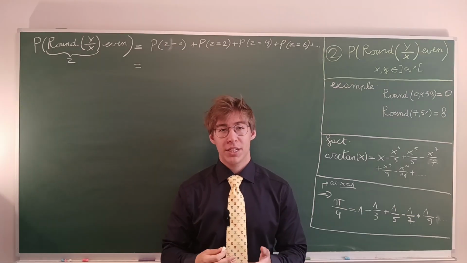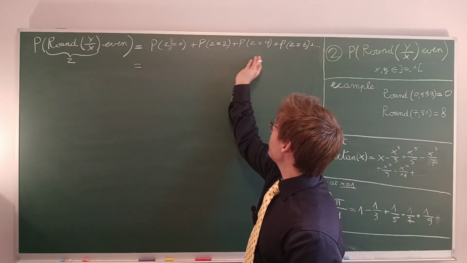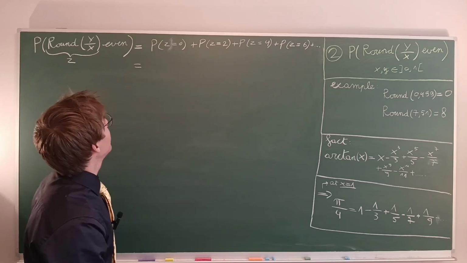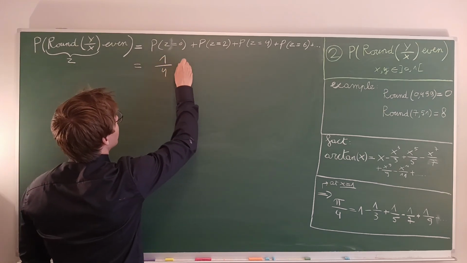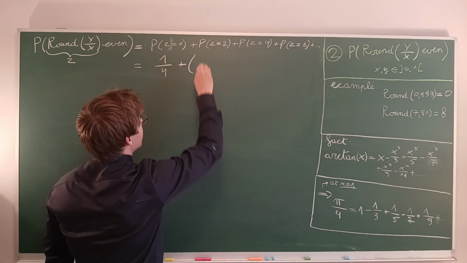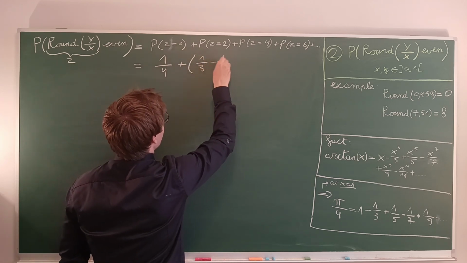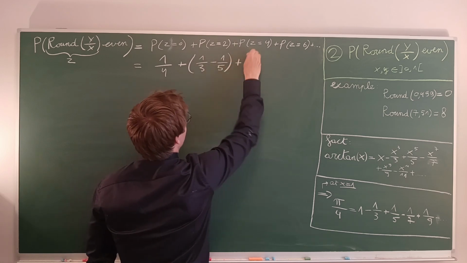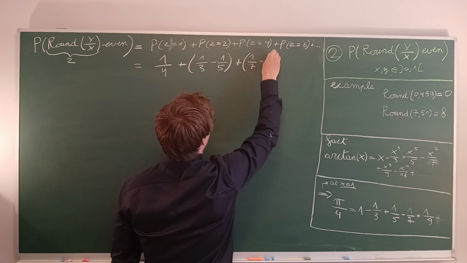So what we have established is that we can write this probability as a sum of all these individual probabilities. It's an infinite sum, actually. And this was equal to 1 over 4 plus this one was 1 over 3 minus 1 over 5. That one was 1 over 7 minus 1 over 9.